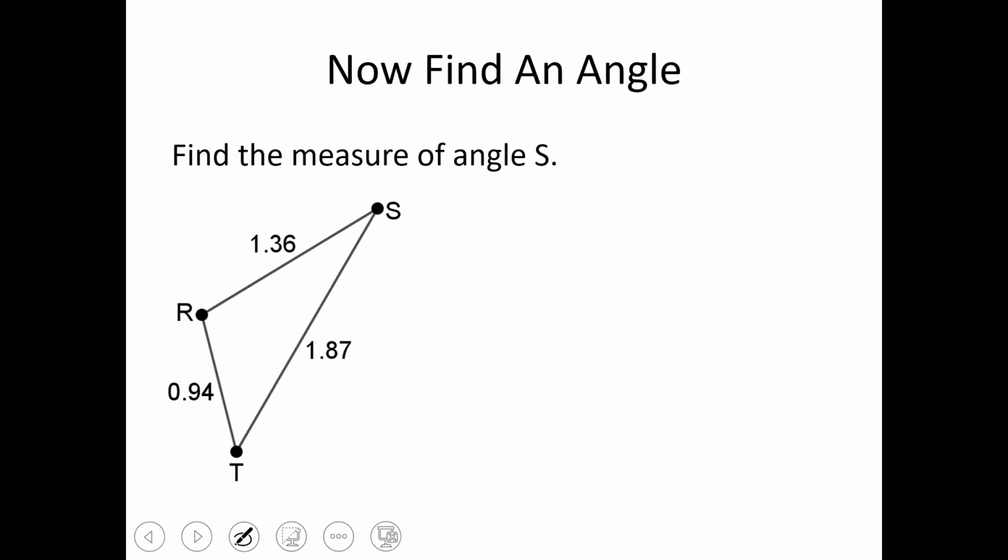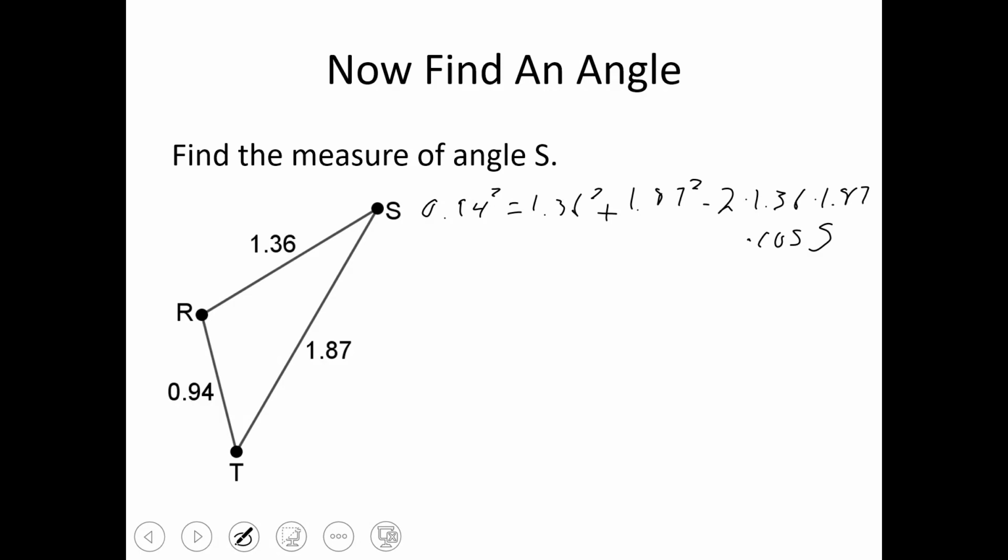So here's what it will be: 0.94 squared is equal to 1.36 squared plus 1.87 squared minus twice the product of those two, 1.36 times 1.87, times the cosine of s.